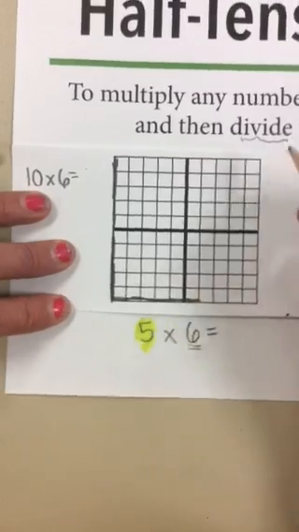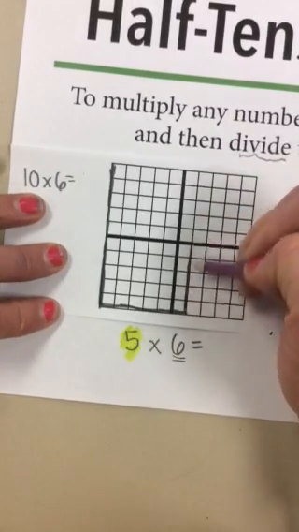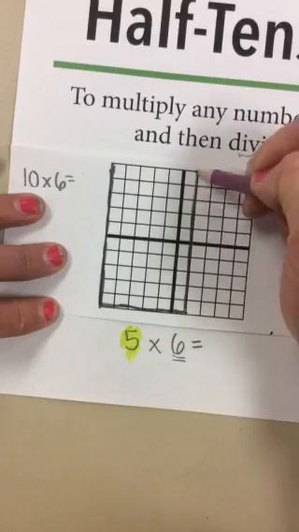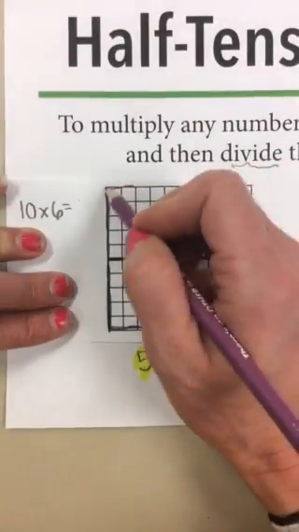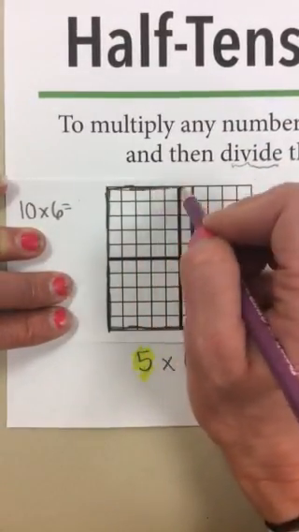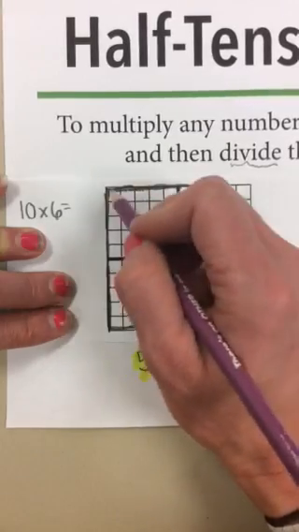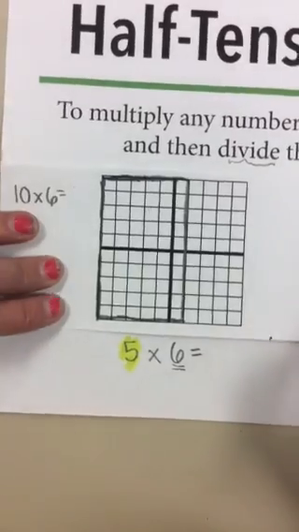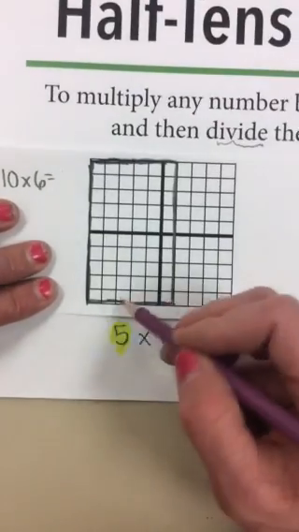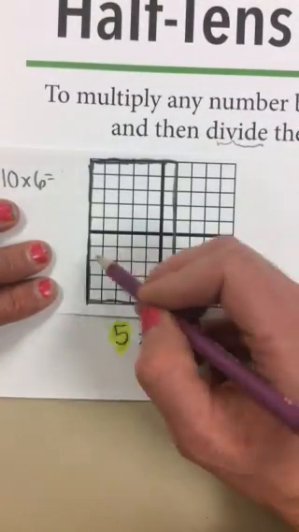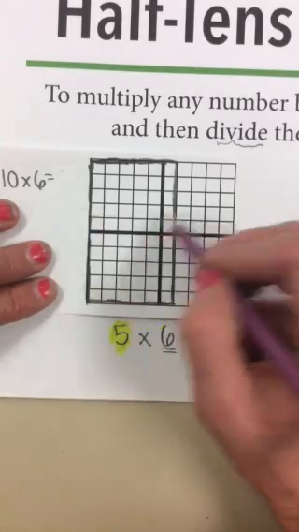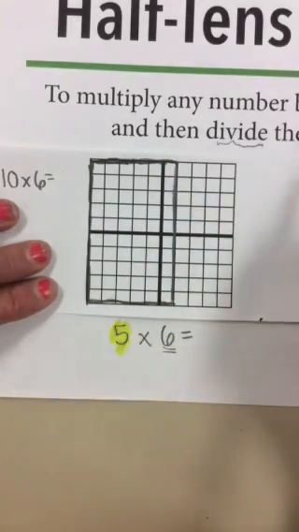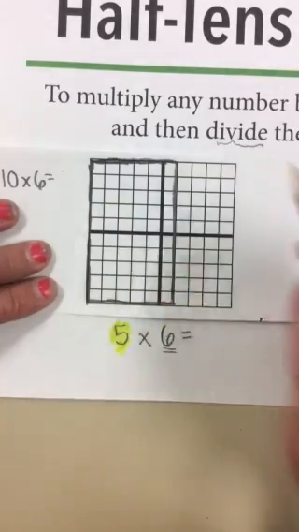There we go. I'm going to get that outlined. It's a pretty big chunk, isn't it? It's because we thought of it as 10, right? Okay. So we got our 10 groups of 6. They're here. 6, 6, 6, 6, 6, 6, 6, 6, right? 10 times. 10 rows of them.